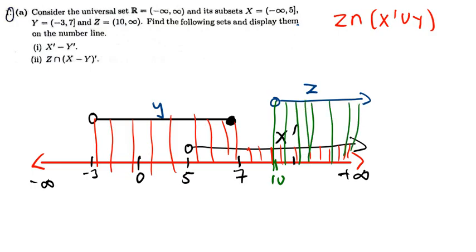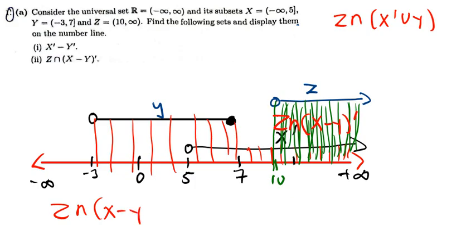So where I've shaded green, that is the answer. So where I've shaded green, it is Z intersection open brackets X minus Y complement. So Z intersection (X minus Y complement), starting from 10 not included all the way to positive infinity.